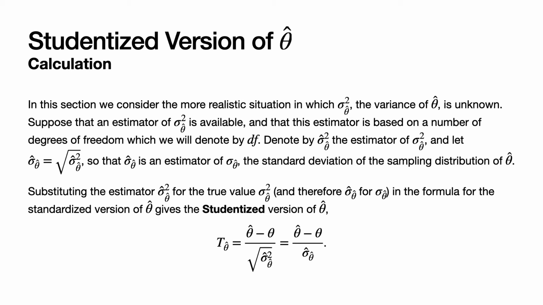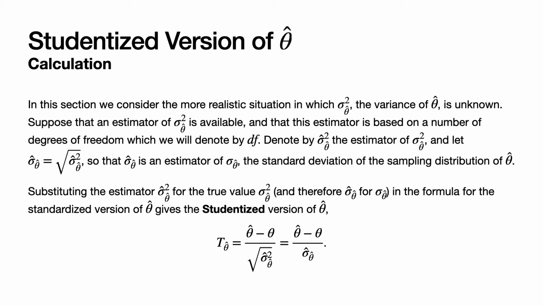So capital T sub theta hat is used to represent the studentized version of theta hat, and that's given by the difference theta hat minus theta over the square root of sigma hat squared sub theta hat. That is equal to theta hat minus theta all over sigma hat sub theta hat.